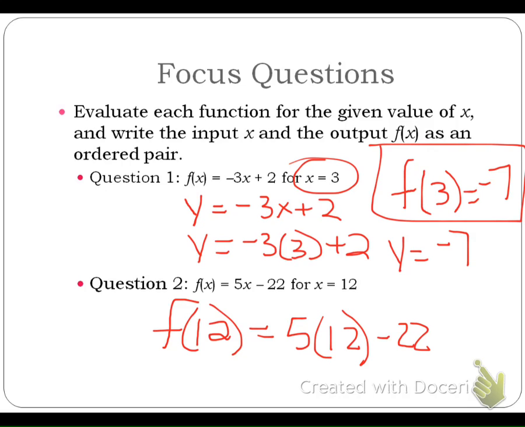You have to multiply first. 5 times 12 is 60 minus the 22. Order of operations always says you have to do multiplication before you do any addition and subtraction. 60 minus 22 is equal to 38. So your final answer would be f of 12 is equal to 38.